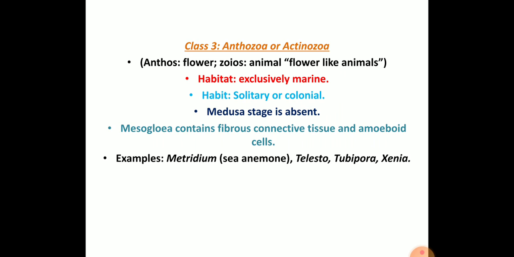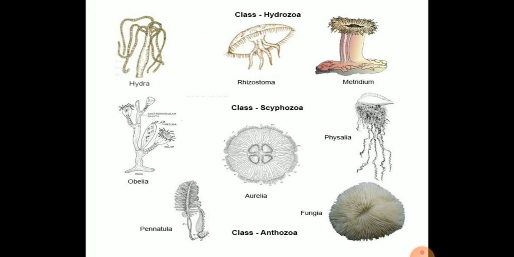Let's see how these examples look. Hydra, Rhizostoma, Metridium, just see the classification. Class Hydrozoa has different types of examples; the sessile one is Obelia, and the freely moving ones are Aurelia and Physalia. In Anthozoa, the examples are Pennatula and Fungia.